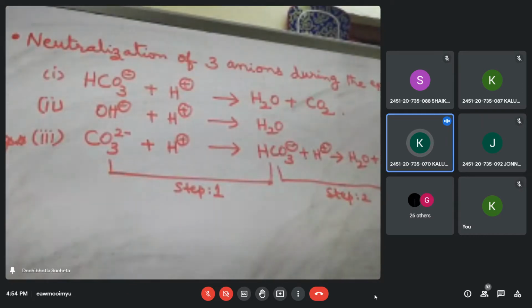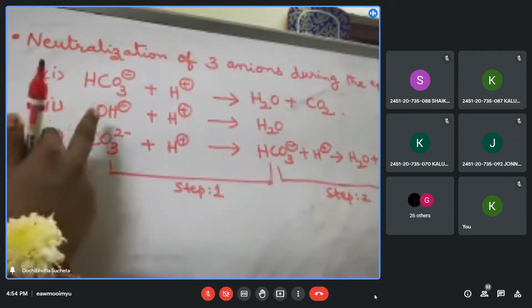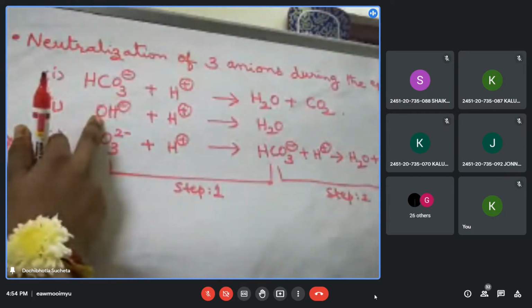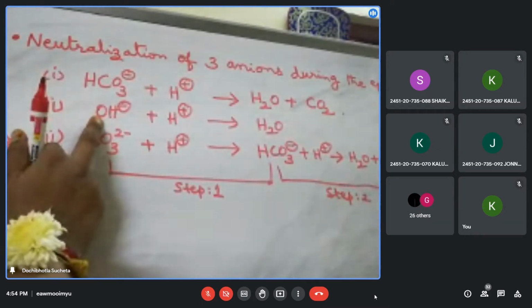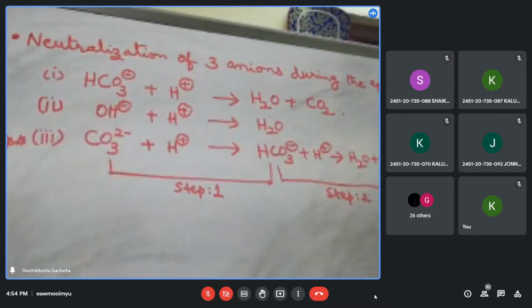But it will get converted into HCO3 minus. No, listen to me. I am asking about OH minus. Will it show color change for methyl orange? Yes. Phenolphthalein also, yes.